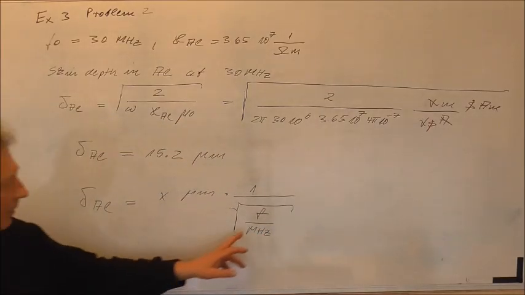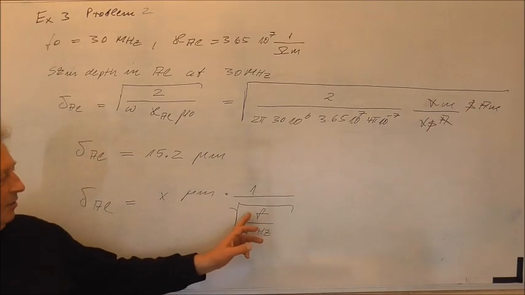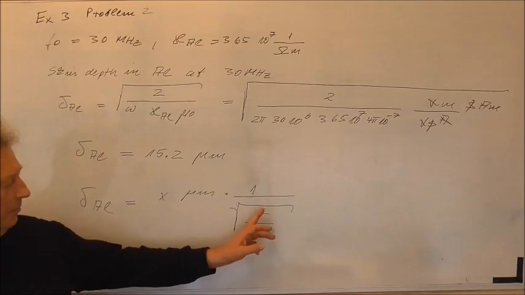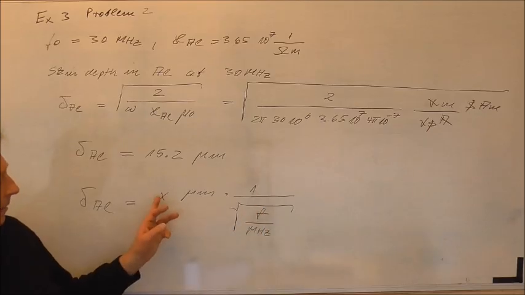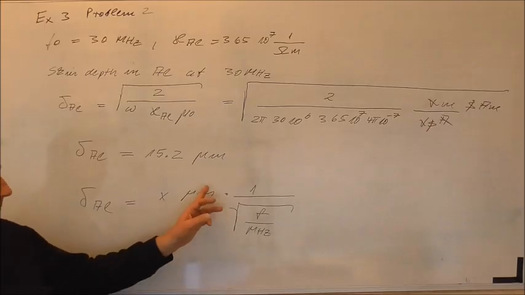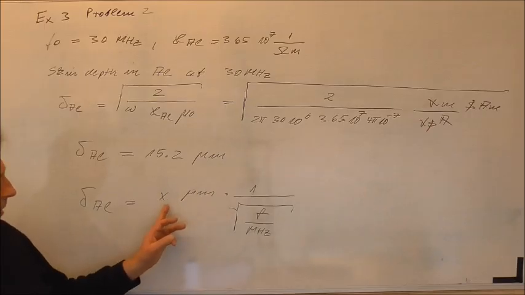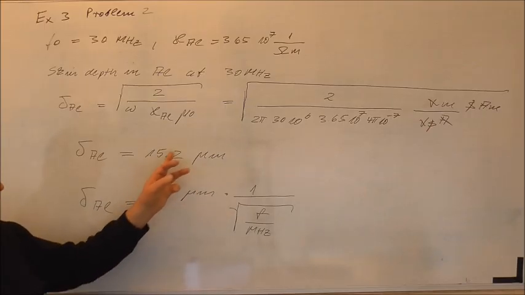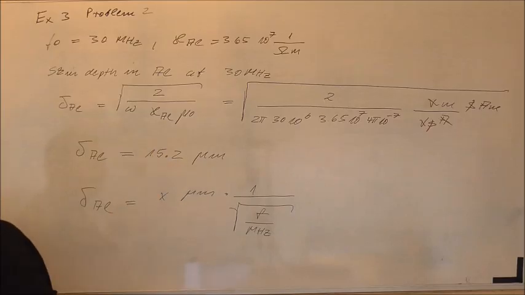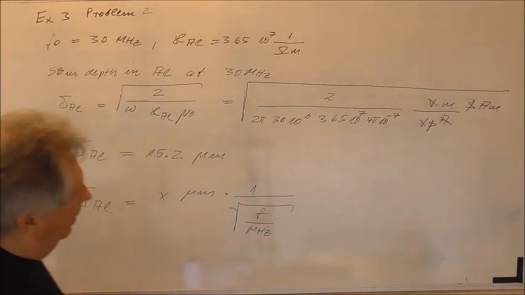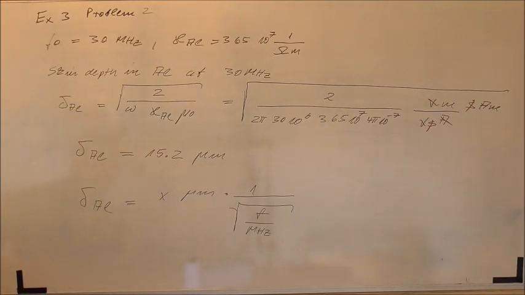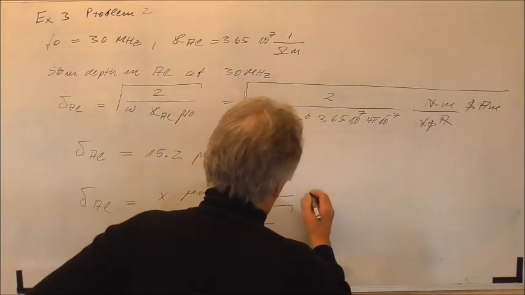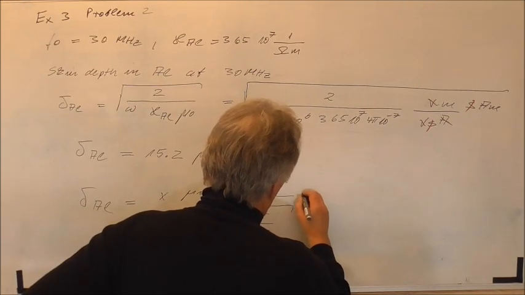So you see, if I insert the frequency in megahertz here, the megahertz will cancel and we will get the value. For example, here we can use the 15.2 for 30 megahertz.